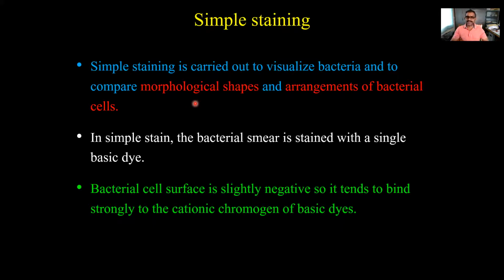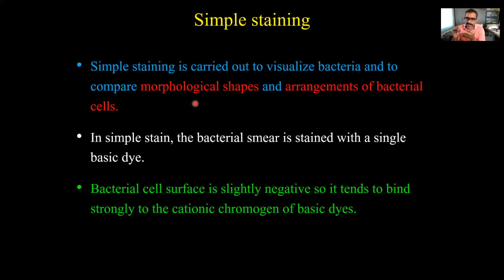Simple staining is nothing but staining the bacterial cell with one type of stain. Before doing simple stain also, we have to do a bacterial smear preparation: putting a drop of water on the slide, taking a bacterial culture, mixing it, spreading it on the slide, air drying, and passing over a Bunsen burner or a flame three to five times and drying.